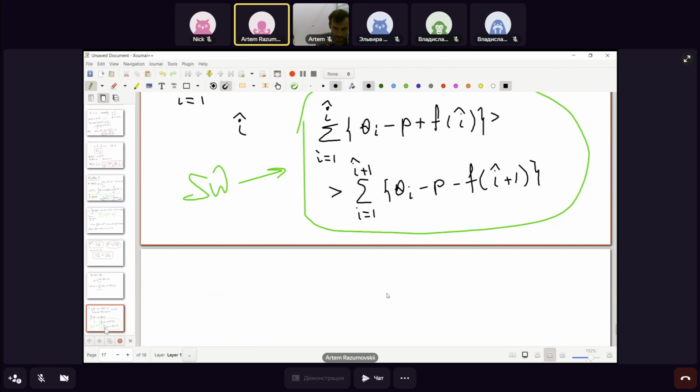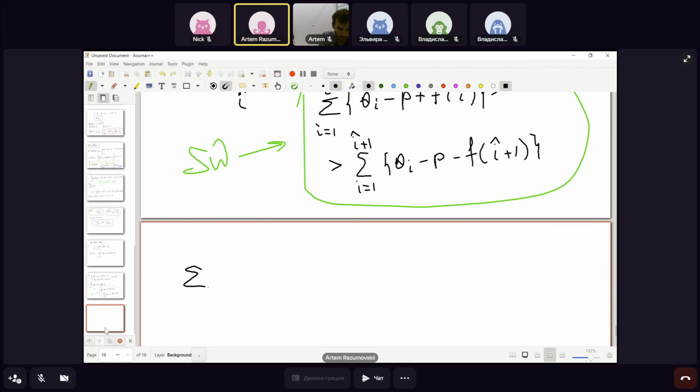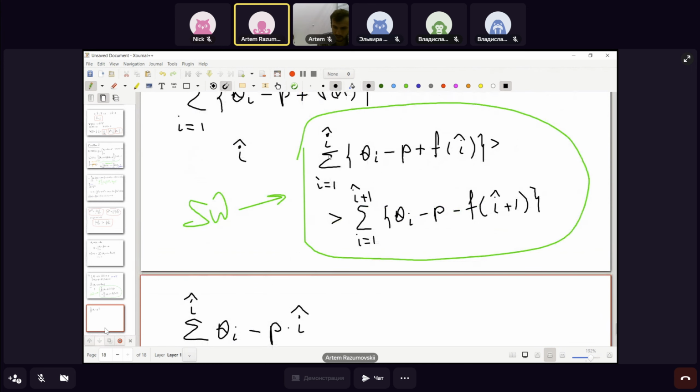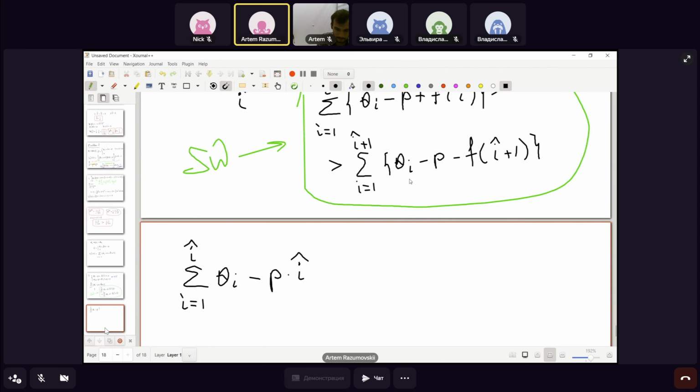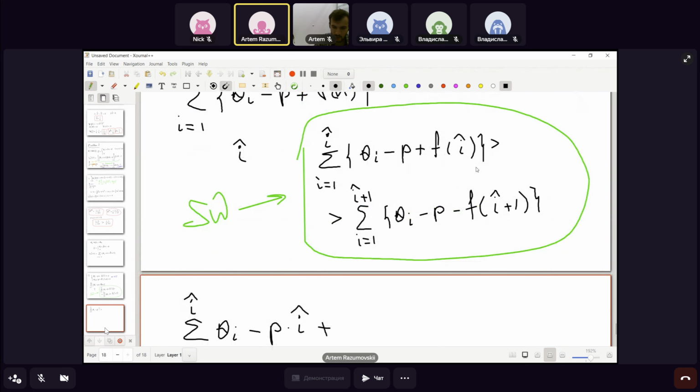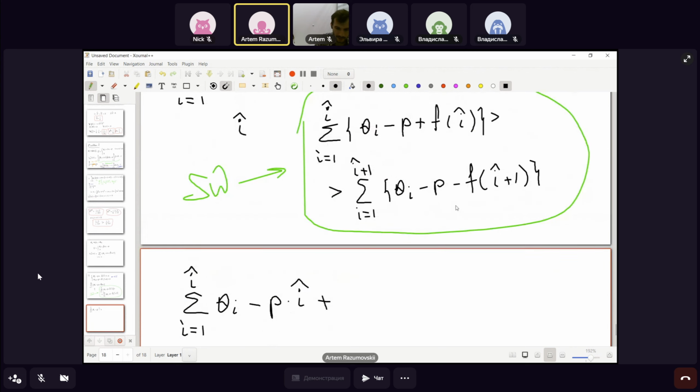So can I open the brackets here and sum? Let me do this. From the left side, I have the sum of theta from 1 to I hat. Then I have price multiplied by I hat, because if I just sum from I to I hat and multiply by price, the price is equal for everyone. Then I have the function which corresponds to our network effects, but it depends on the total number, so I can take it out of the sum as well.